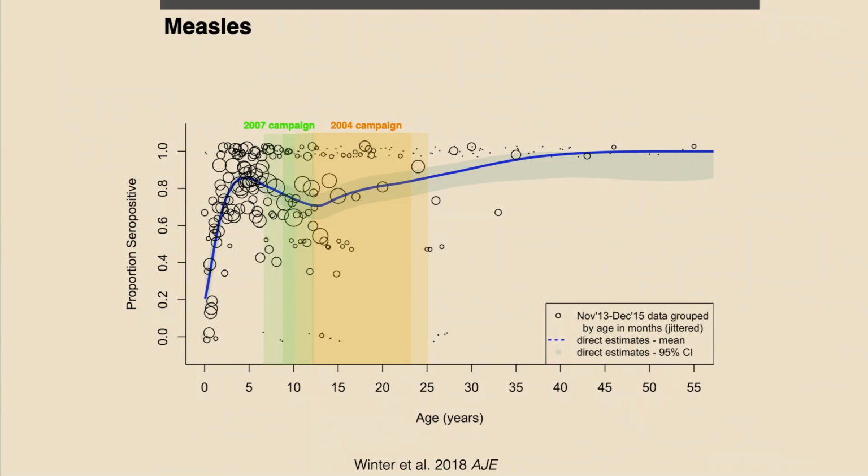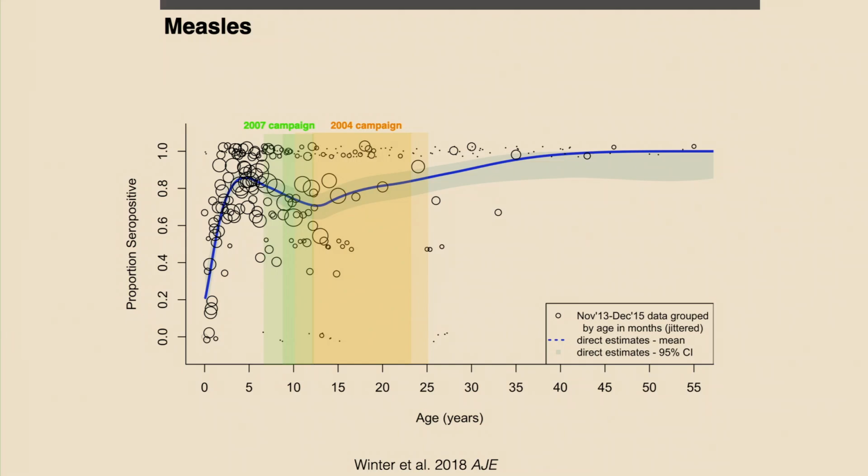There was another campaign in 2007. Again, you're seeing, if anything, like during campaigns, it seems like seropositivity goes down. So that's not great. But what we really cared about is what is the risk of an outbreak? Given this profile of susceptibility, is Madagascar at risk of an outbreak? And so what you can do to evaluate this is, of course, build a model. And you can do vast sensitivity analysis.